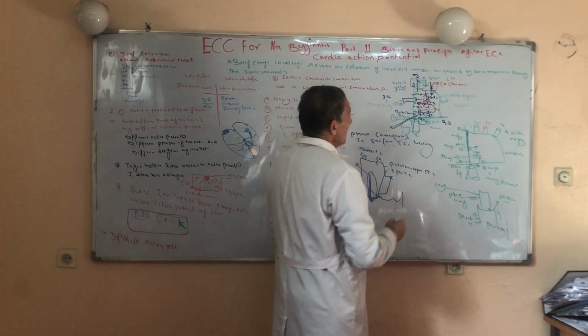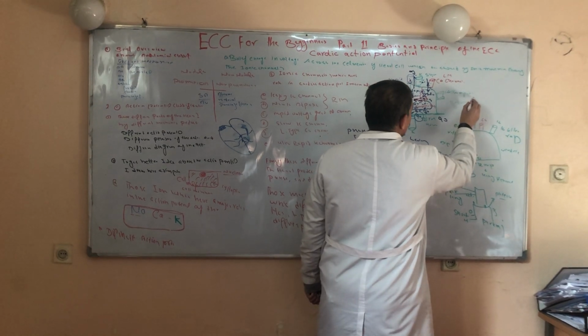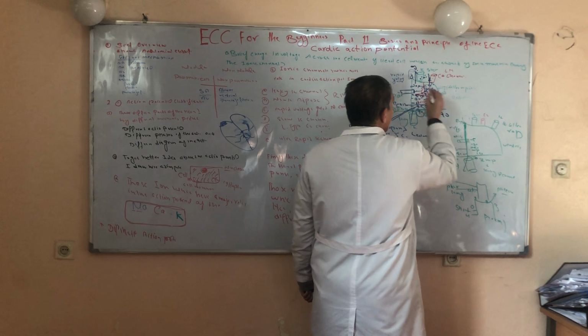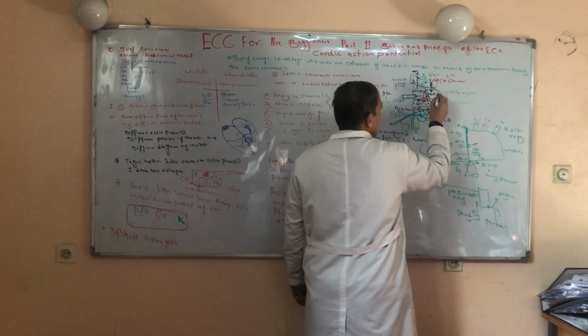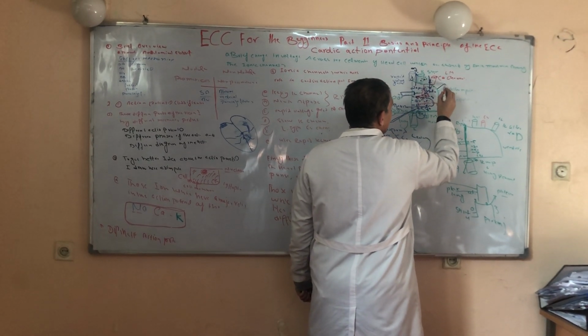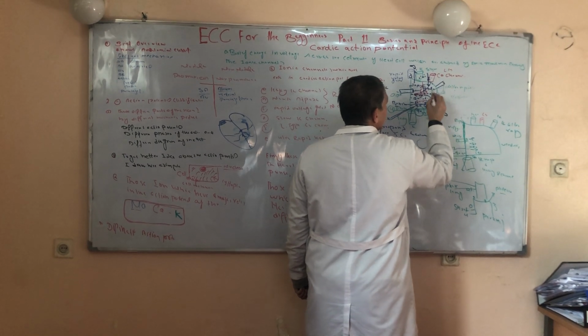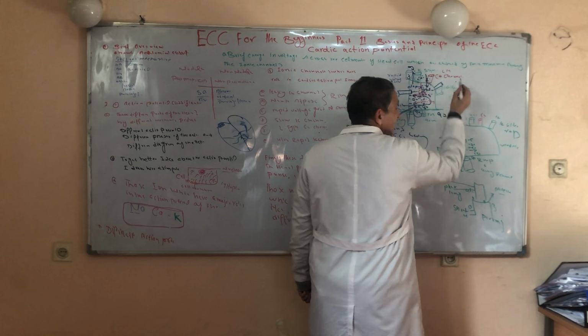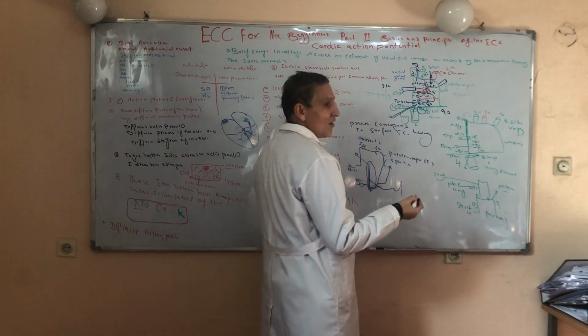Now again we come to the ultra-rapid potassium channel. This is the slow potassium channel and this is the ultra-rapid potassium channel. Once the cell is depolarized, the rapid voltage-gated potassium channel opens, and a lot of potassium goes from inside the cell to the outside of the cell.